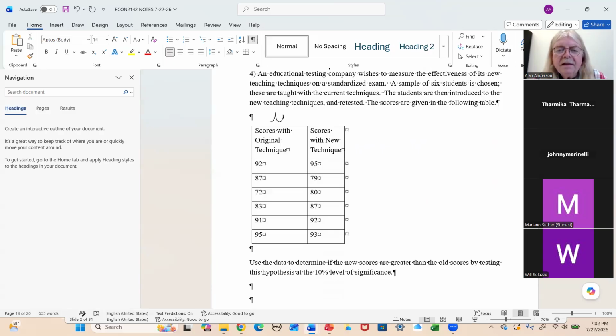But the hypothesis is written as we want to find out if the scores went up. That would imply that mu1 minus mu2 is actually negative, because it's the same thing as saying that mu2 is greater than mu1. And that's what you would get if the new technique is better.